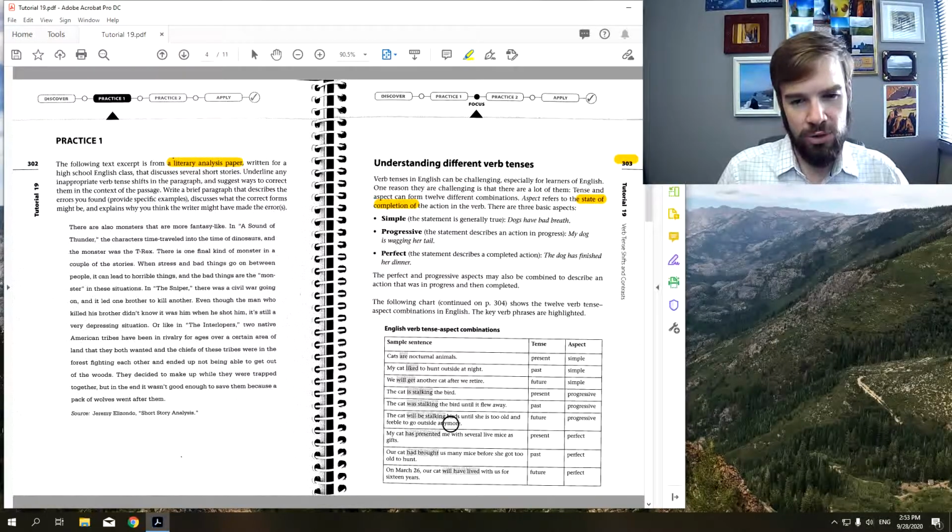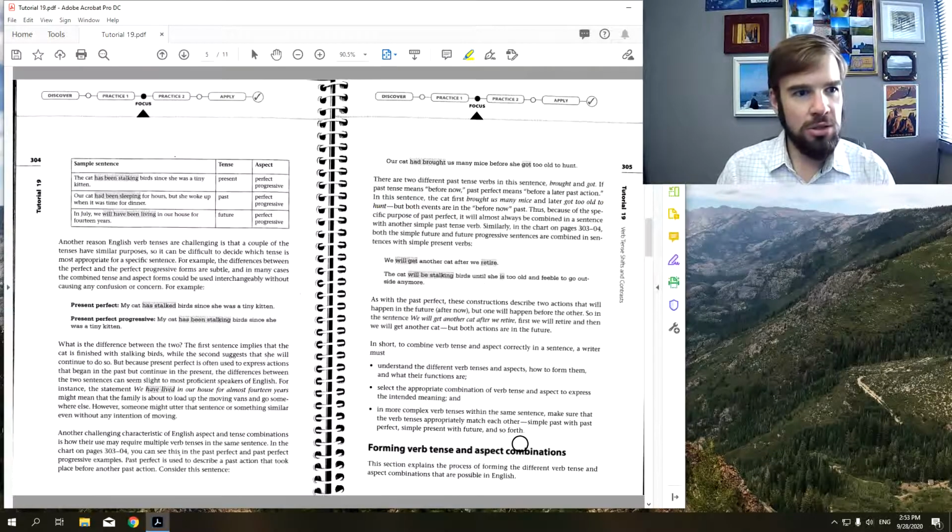Then we have the present tense with the perfect aspect. My cat has presented me with several live mice as gifts. The past tense with the perfect aspect, our cat had brought us many mice before she got too old to hunt. The future tense with the perfect aspect, on March 26th, our cat will have lived with us for 16 years.